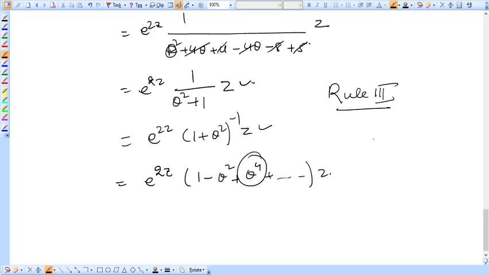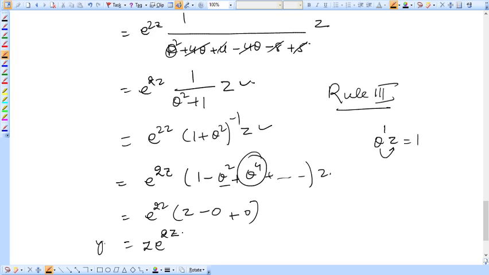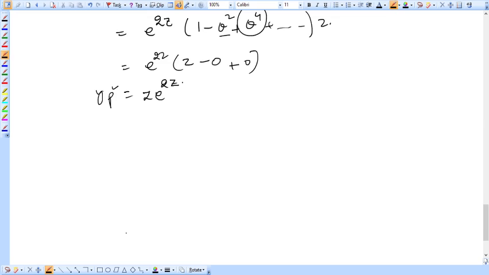Whenever the power of theta becomes more than 1, the derivative will be 0, because when we differentiate z one time we get 1, and if we differentiate 2 or more times we get 0, right? So therefore we can write it as firstly z minus 0 plus 0. So it is again equal to z into e to the 2z. So this is your yp, this is your particular integral.